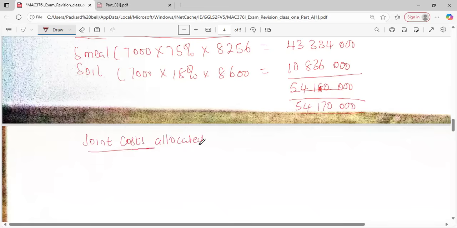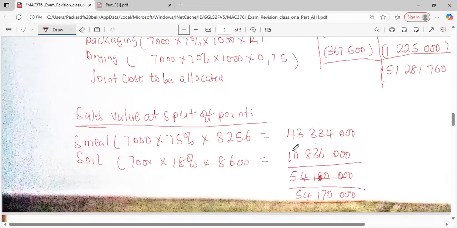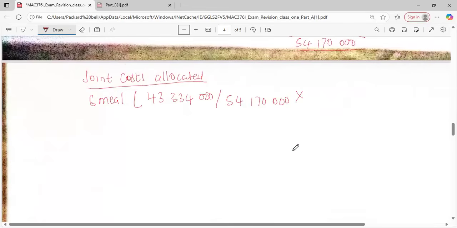So S meal is going to have sales value 43,334 over 54,170 times what are the joint costs? The joint cost is 51,281,760. 51 million.